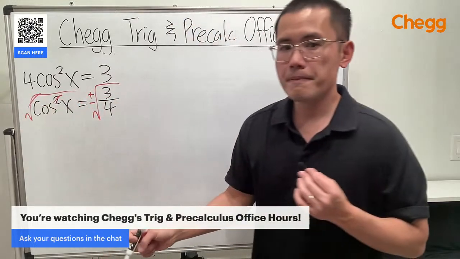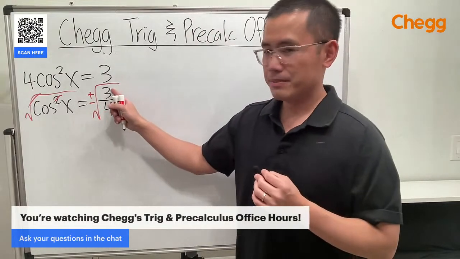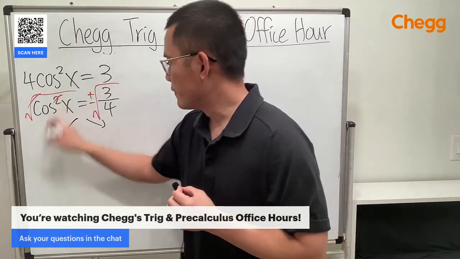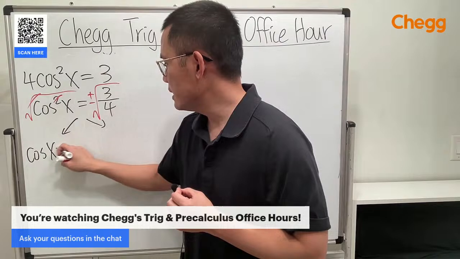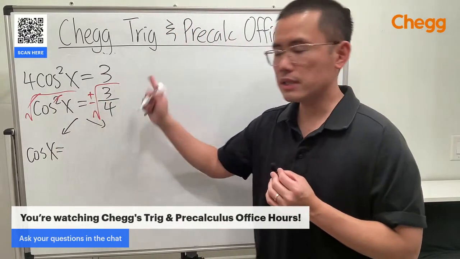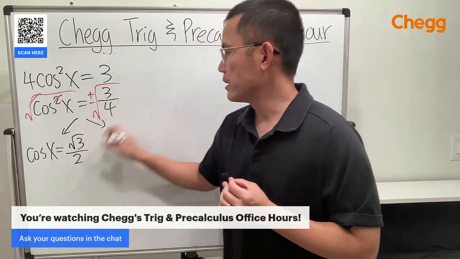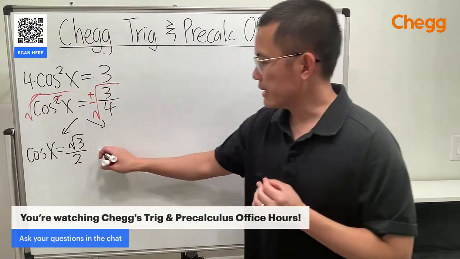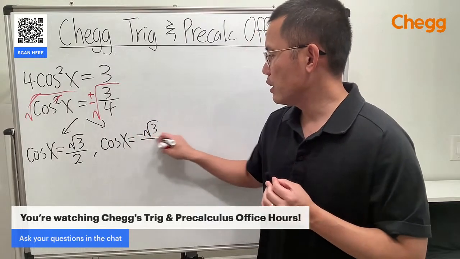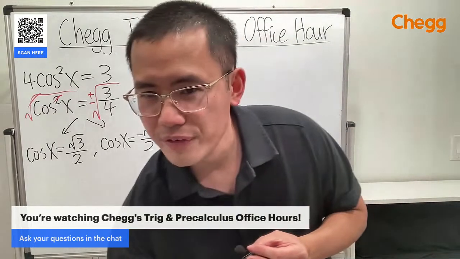Then we get two possibilities, a positive version and also a negative version, so we have to consider two cases. The first case is cosine x equals positive square root of 3 over 2, because square root of 4 is equal to 2. On the other hand, we also have to consider cosine x equals negative square root of 3 over 2. So we have these two equations that we have to solve.